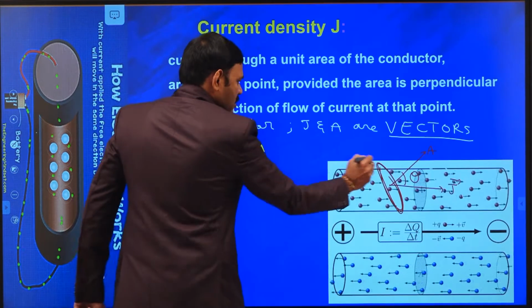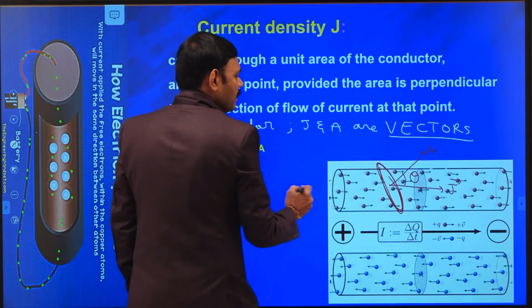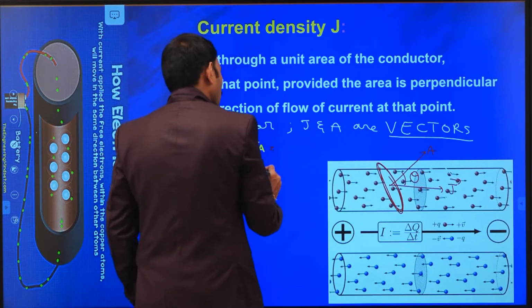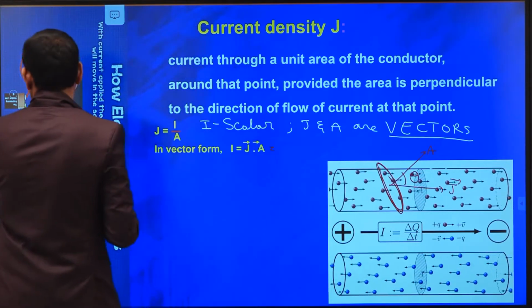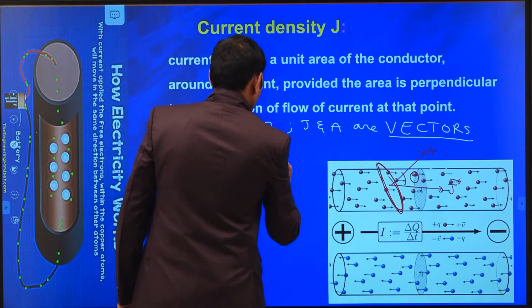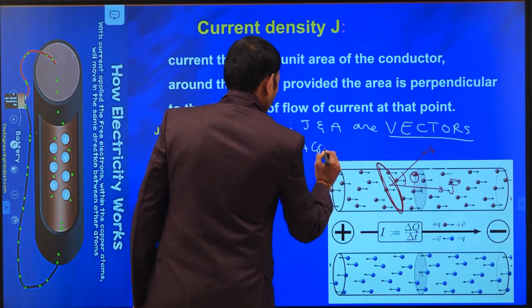Then we expand this formula as I is equal to J bar dot A bar, meaning JA cos theta.